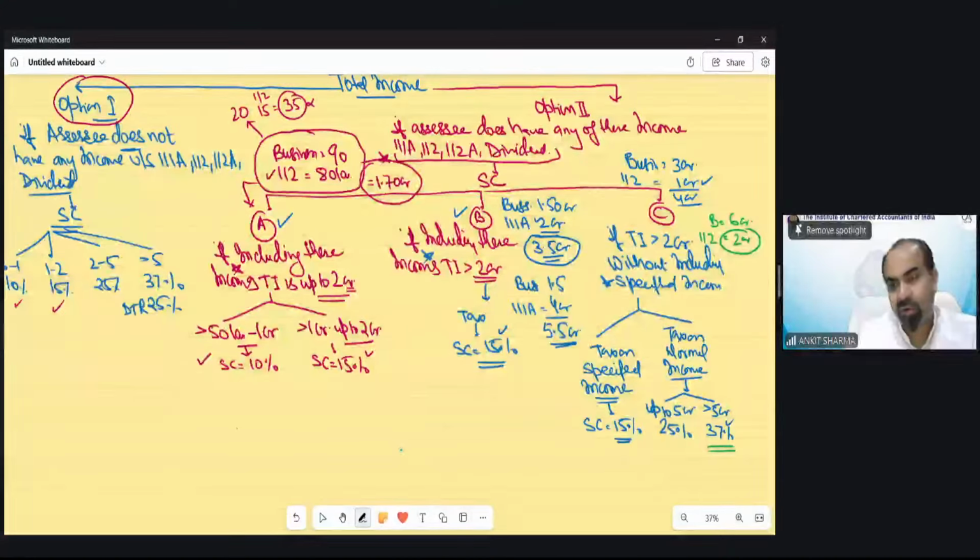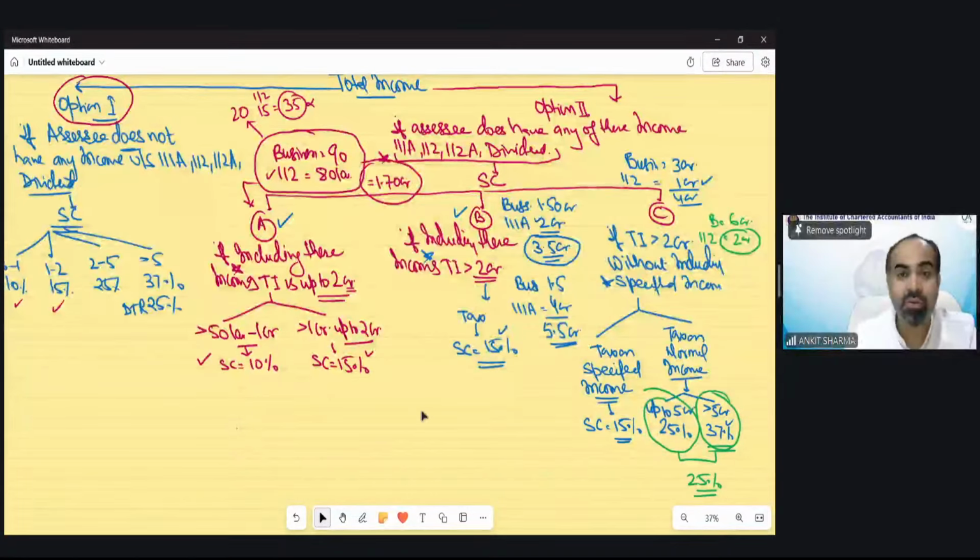If it is a default tax regime case, then in both cases, the surcharge rate would remain 25%, whether exceeding 5 crore or not exceeding 5 crore. So up to 5 crore, the surcharge rate would be 25% of the tax. And after that, the surcharge rate would be 37% of the tax. So these are the exact surcharge provisions.